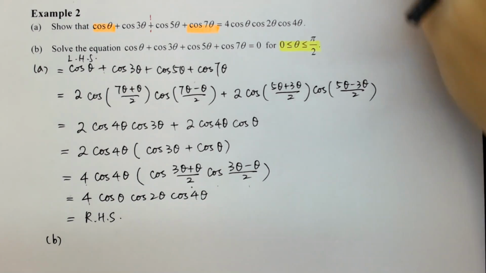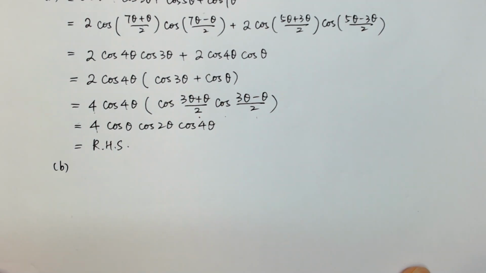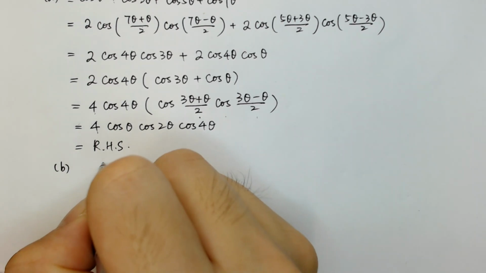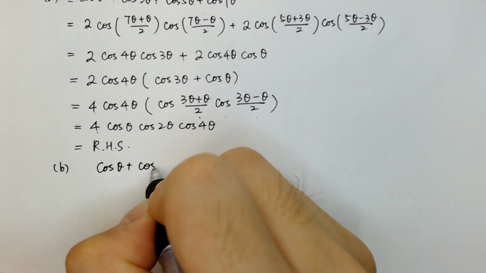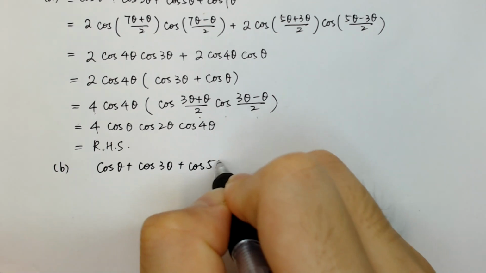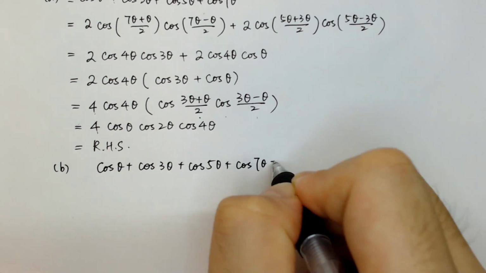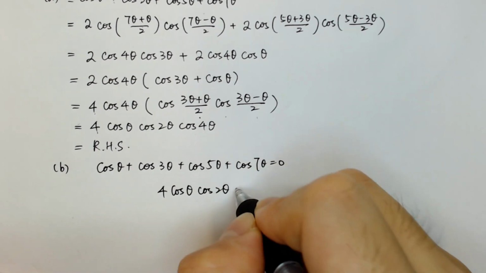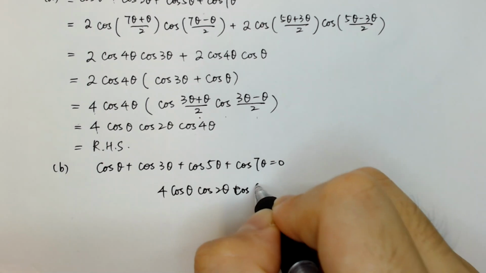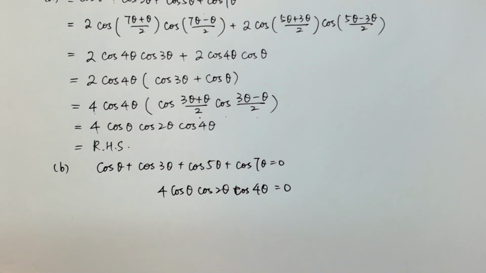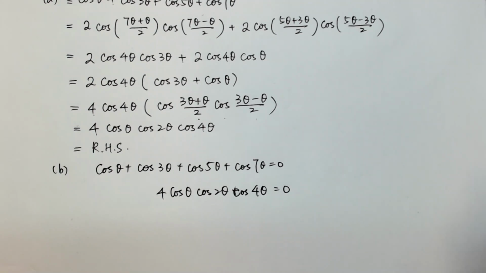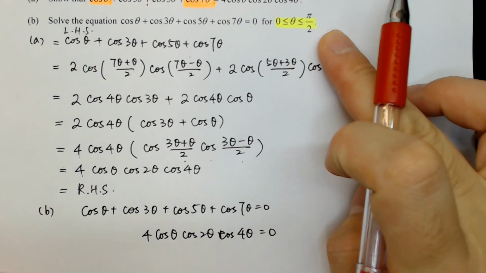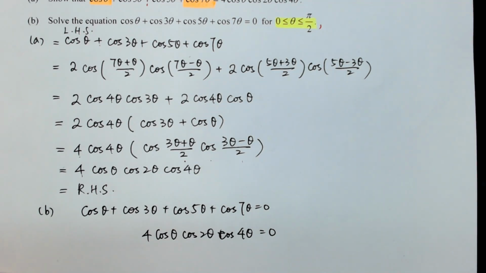So for part B, we can use the previous results that this one is the same as 4 cosine theta cosine 2 theta cosine 4 theta equals 0. And for all theta, you need to know the range that you need to solve. So it's maybe convenient for you to write some range aside or in the rough worksheets.